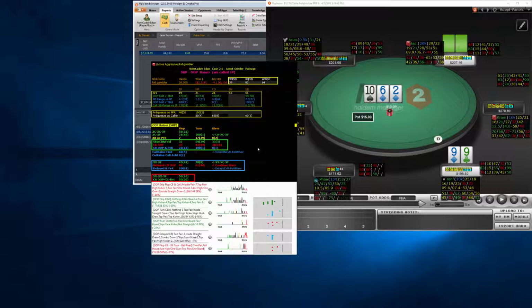Okay, so we know how much he opens and what he opens. Now let's go to the bolded area here, where all the post-flop stats are.